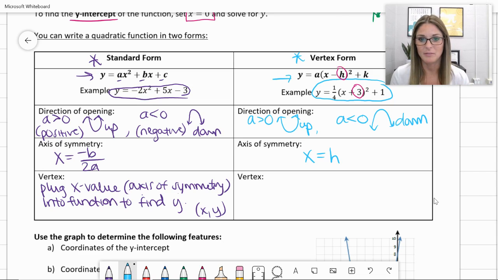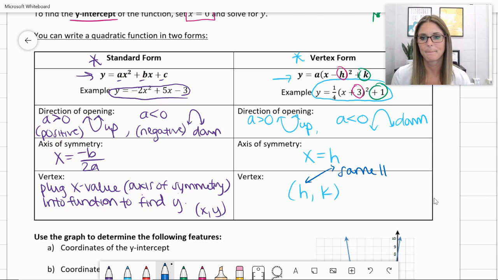In vertex form, your vertex is h, k, right here, the k value. Now, these h's are the same number, but watch out on this h.